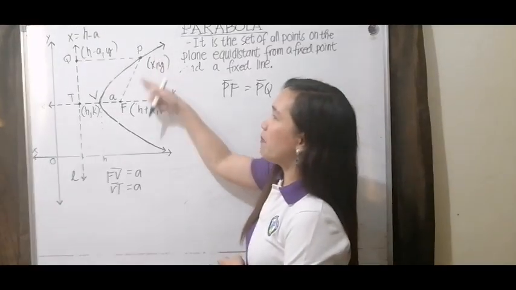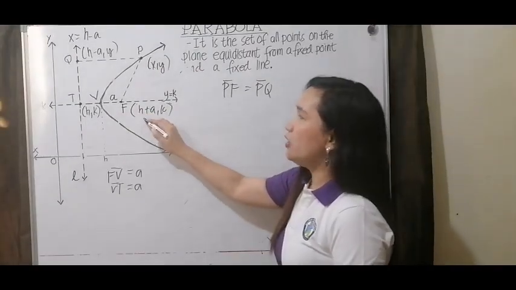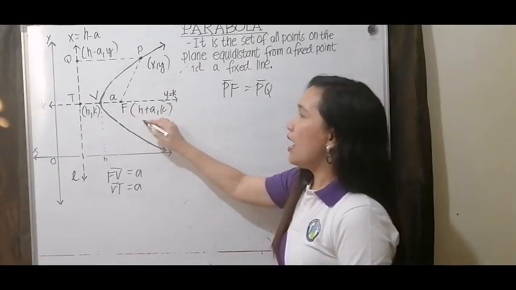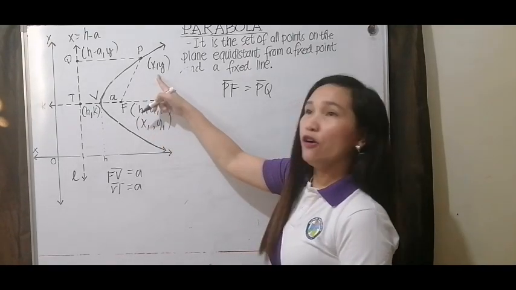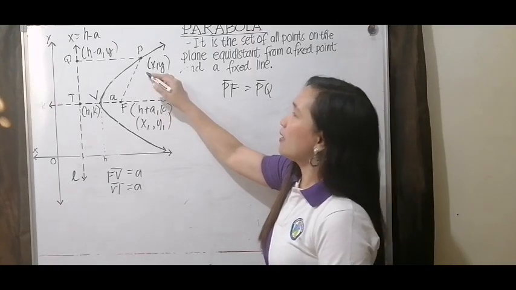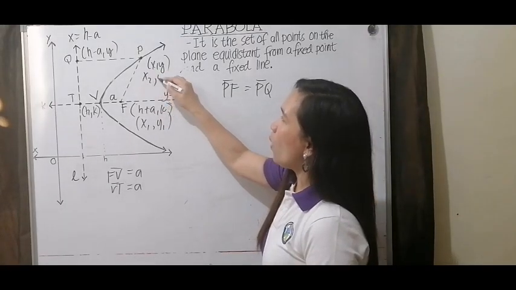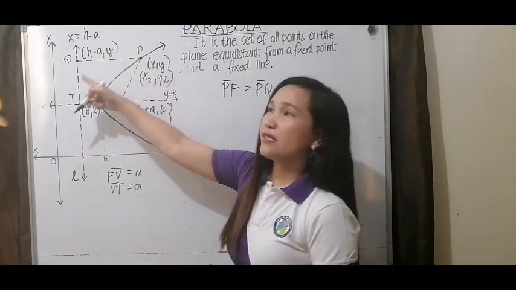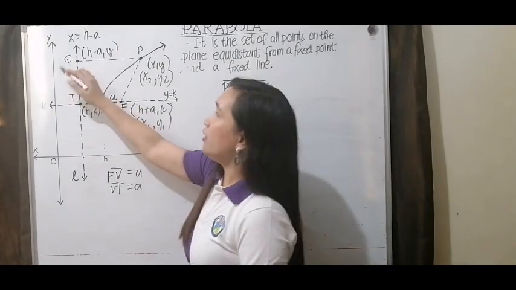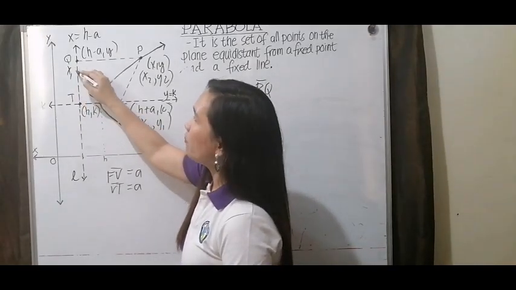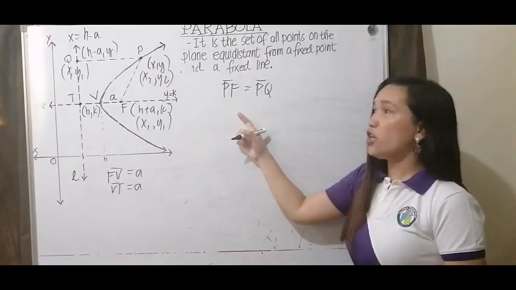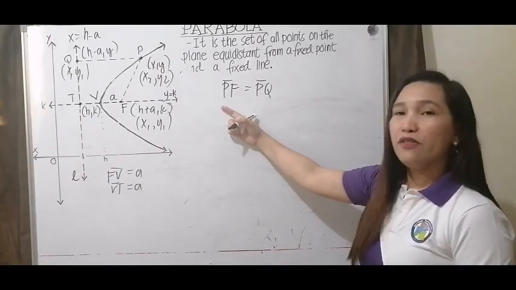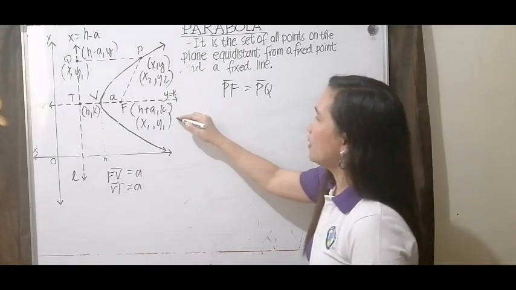For line segment PF, we can denote point F as (x1, y1) and point P as (x2, y2). For line segment PQ, we can denote Q as (x1, y1). Now we are ready to find the equation by using the distance formula.